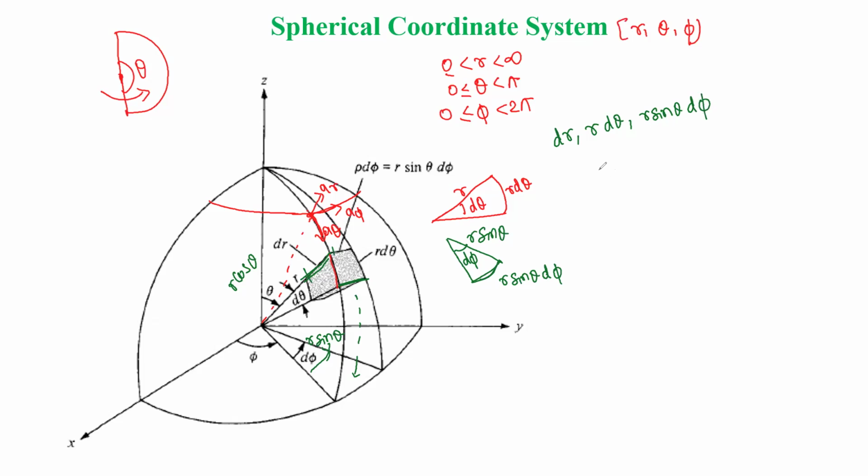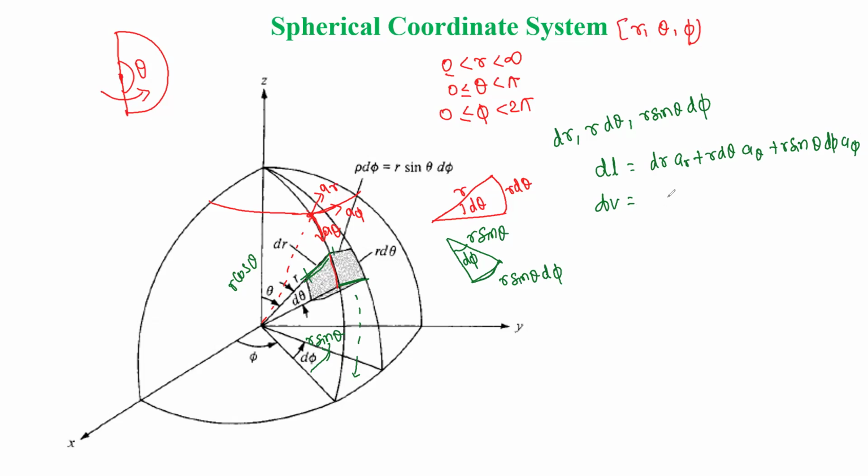So now the differential displacement dl you can write easily. That is dr a_r plus r d theta a_theta plus r sin theta d phi a_phi. Similarly, the differential volume we can write easily.